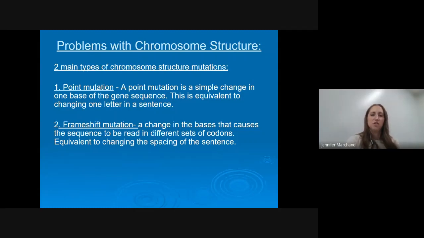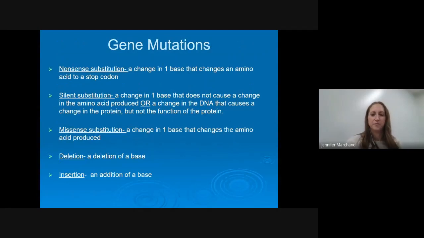A point mutation is a simple change in one of the bases of the gene sequence, equivalent to changing one letter in the sequence. Then you have a frame shift mutation, where a change in the bases causes the sequence to be read in different sets of codons, equivalent to changing the spacing of a sentence.